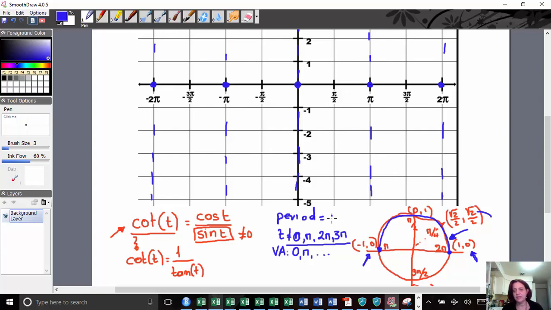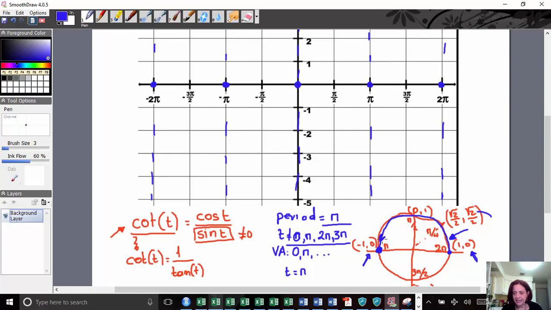Okay, good. This is what we know. We know the vertical asymptotes, and now what I want you to focus on is this point right here. So when t is equal to pi, before t becomes pi, we are right here.